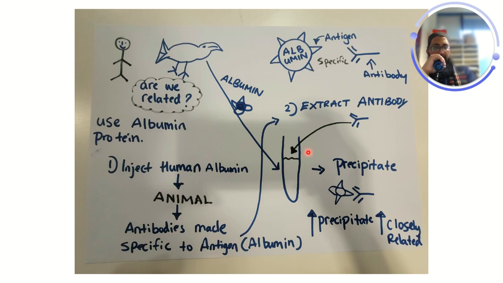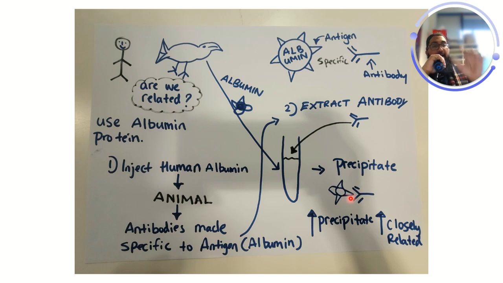So then I want to mix them, and what I should see is the antibody binding to that albumin's antigen of the chicken if they have a similar shape. If they bind a lot, then that means the shape is very, very similar.